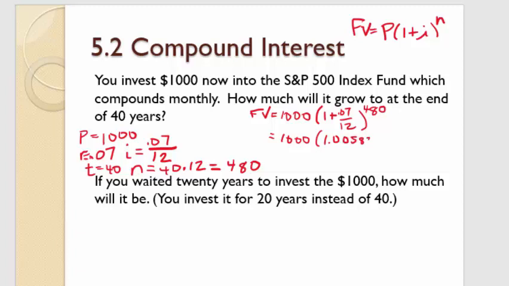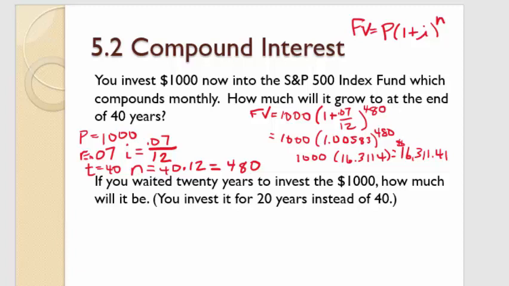Now keep this in your calculator and hit the y to the x key and plug in 480. So you should get 1,000 times 16.3114. And multiplying those two together gives me $16,311.41. That's the amount that I will have if I invest $1,000 today and wait for 40 years.